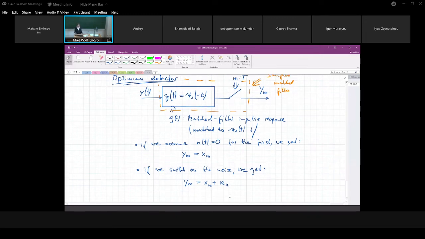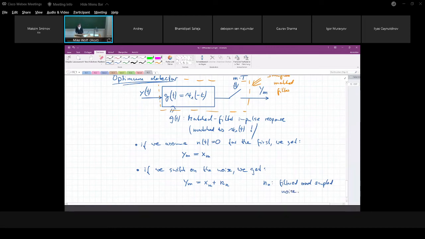So it's a linear channel, yeah? With each sampling here, we get noise additionally to the signal component. So sampled noise, but it's also filtered: n_m is filtered and sampled noise.